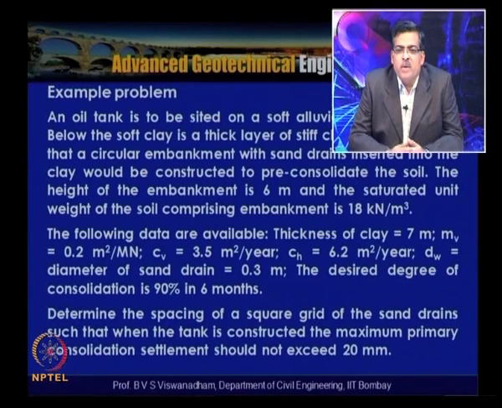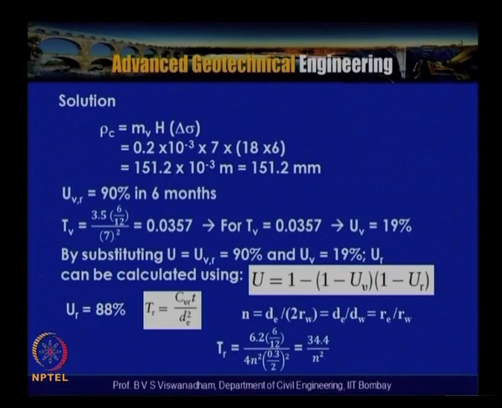The given properties are the coefficient of volume compressibility and the coefficient of consolidation in the vertical and horizontal directions, and the diameter of the well. The desired degree of consolidation is also given, 90% in 6 months. So, the time required to achieve this target consolidation, both vertical and radial, is about 90%. Let us look into the solution.